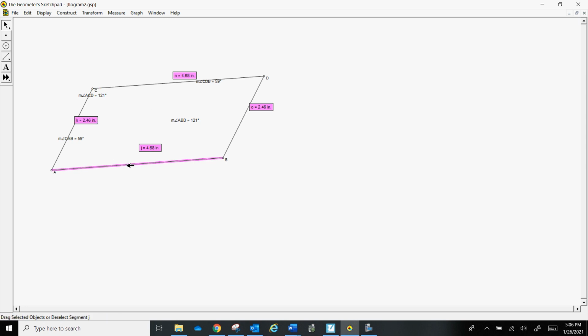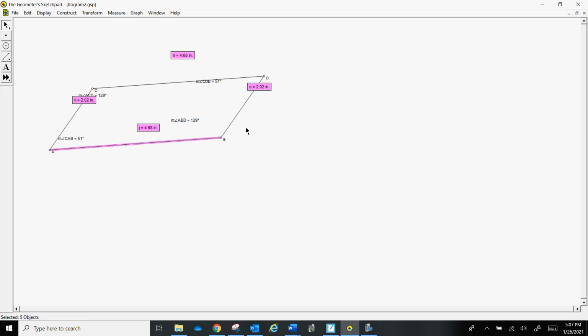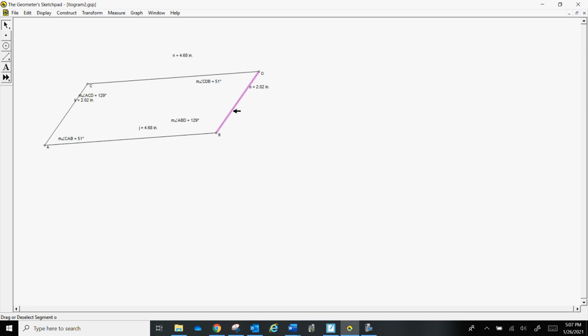Now it's not just the opposite sides that are going to be equal, but if you look here at the opposite angles, when I make this parallelogram, angle CAB and angle CDB are equal to one another, and angle ABD and angle ACD are going to equal each other.